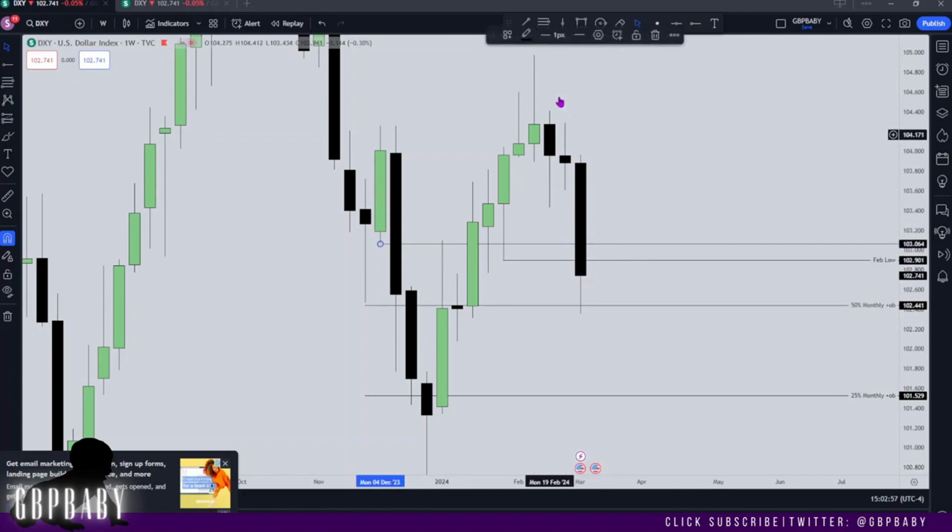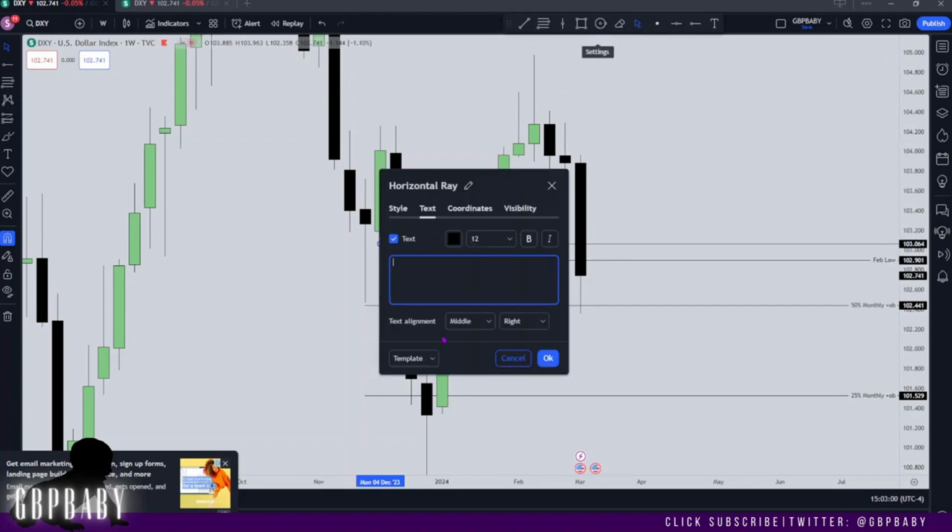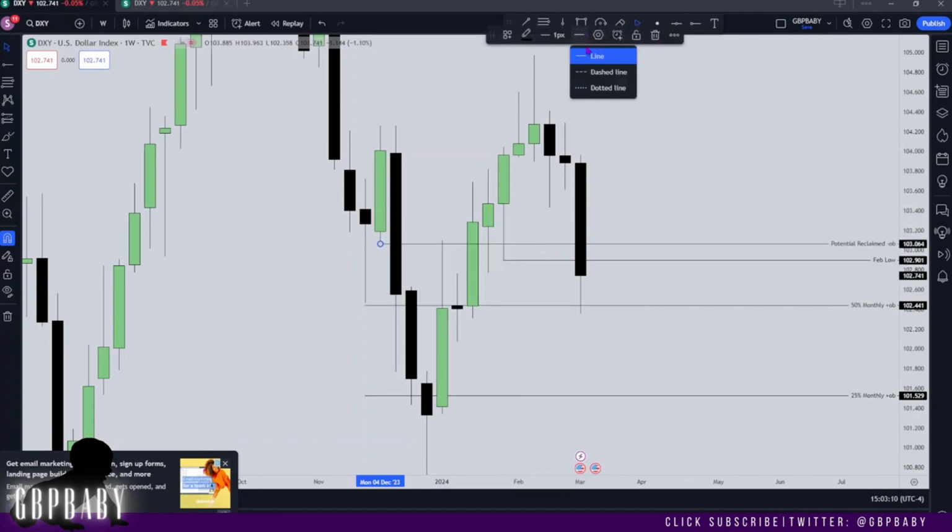So let me just get that written out as well as potential reclaimed bearish order block. Now, reclaimed bearish order blocks are very difficult to see and understand completely. But this week, if we do trade into it, I'll be speaking about it a lot, and hopefully you'll grasp an understanding of what I mean by wanting to see price trade back up there. But the idea of price trading back up there is in line with the idea of it trading back into that February low.